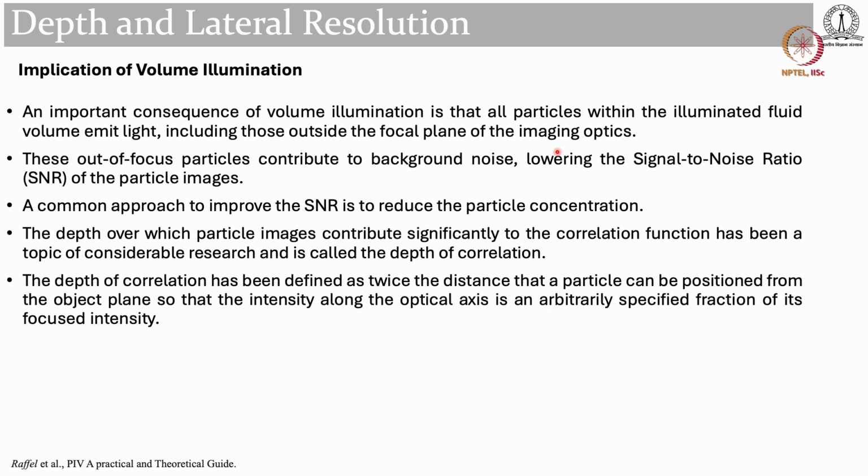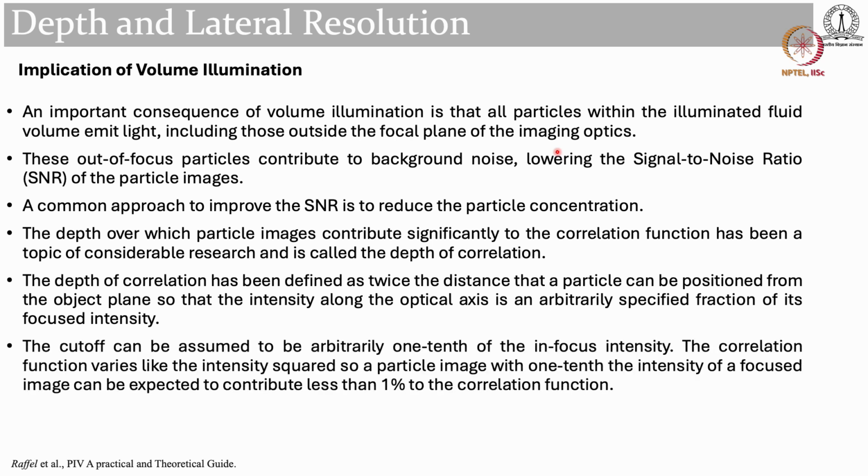So basically there is a focused particle that has some kind of intensity, maybe let's call it the peak intensity. Now you define a fraction of that peak intensity, say 1/10 of that intensity, and up to the distance where you get that much intensity, you assume that the particle should contribute to the correlation, and if it goes below that threshold, you discard it.